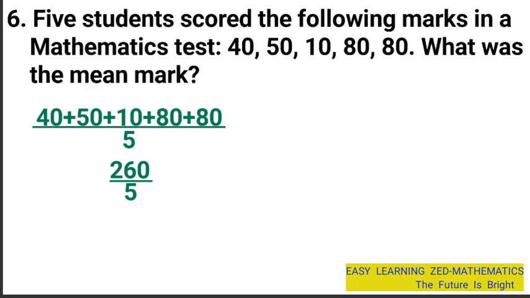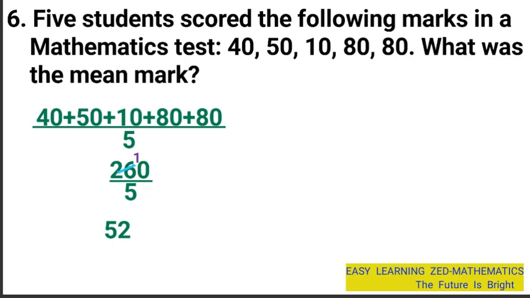Therefore, we get 6 and put it together with 2, then it becomes 26. 26 divided by 5, we are going to have 5, remainder 1. So on top we're remaining with 10. 10 divided by 5 will give us 2. So the mean mark is 52.